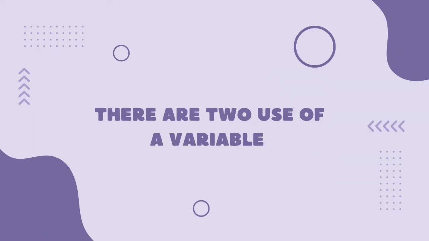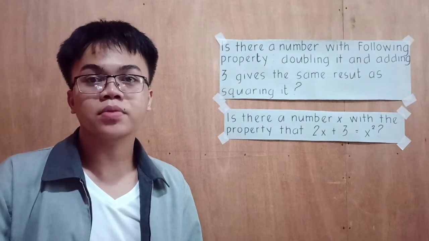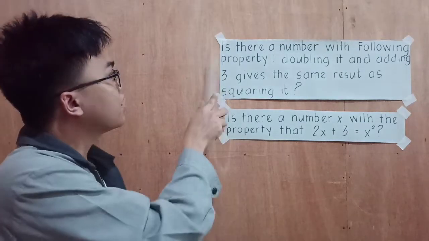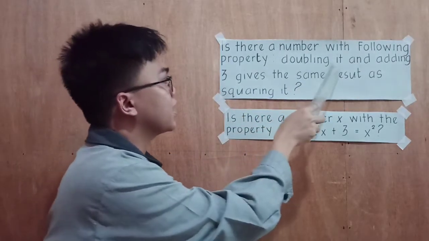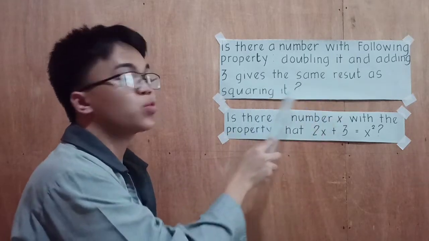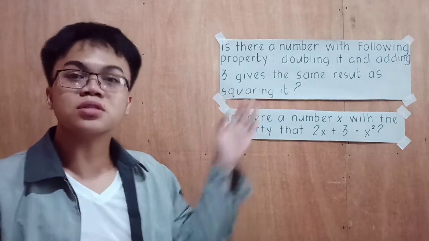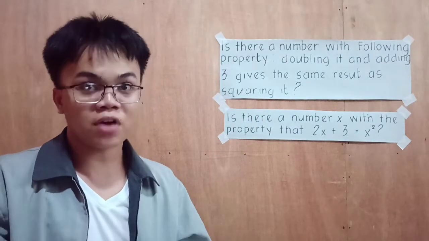There are two uses of a variable. This is the first use of a variable. Consider asking, is there a number with the following property: doubling it and adding 3 gives the same result as squaring it? In this sentence, we will be focusing kung paano natin i-represent ang variable.